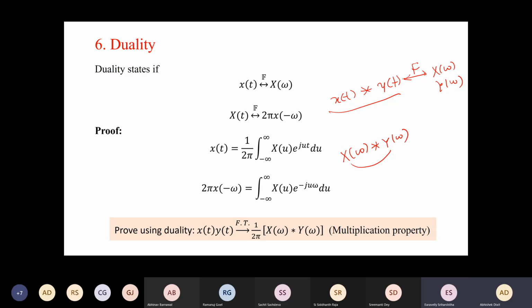Convolution in frequency domain should lead to multiplication in time domain. And there is a factor of 2 pi also. If you forget these constants, it's perfectly fine. Everyone does. The message is important: convolution in time domain, multiplication in frequency domain; convolution in frequency domain, multiplication in time domain. You can prove it using the duality principle, so go ahead and prove it.